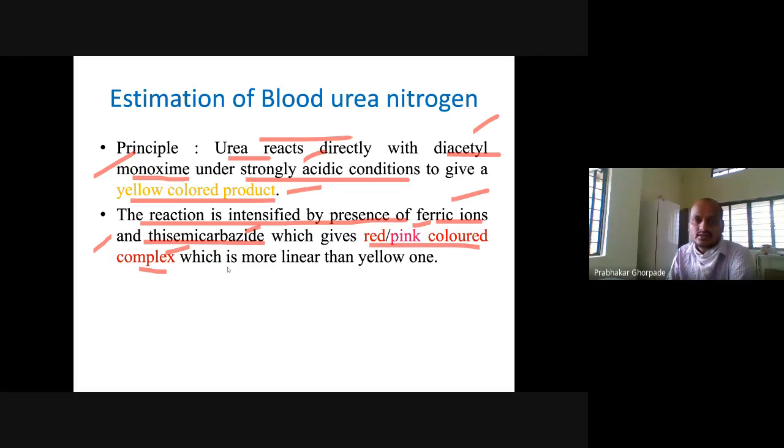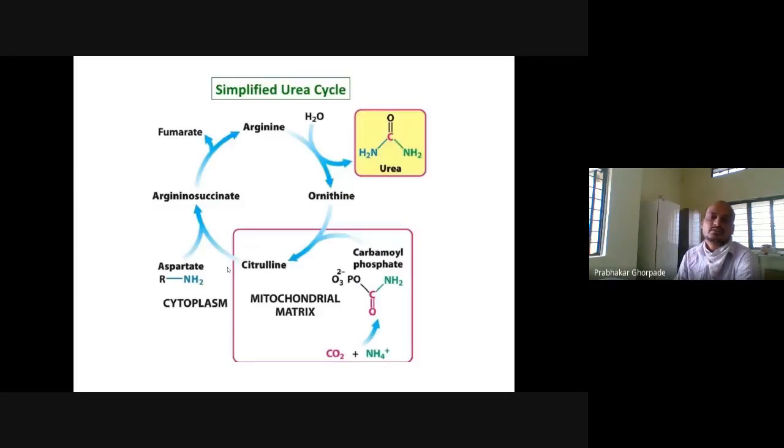So how can blood urea nitrogen be estimated, and where is it important? We have our urea cycle. Arginine can give urea. Ornithine gives the citrulline. Carbon dioxide and ammonia react and give carbamoyl phosphate. Then it will give citrulline.